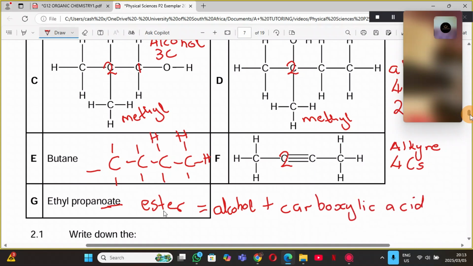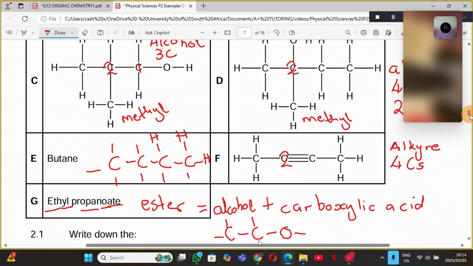So this name that you have here is 2 things. The first part is the alcohol, the second part is the carboxylic acid. So how you draw it, you know you have an ethyl, meaning the alcohol is how many? Eth is 2. So for the alcohol I have 2 C's, and then there is my O, because remember for an ester the O is in the middle.